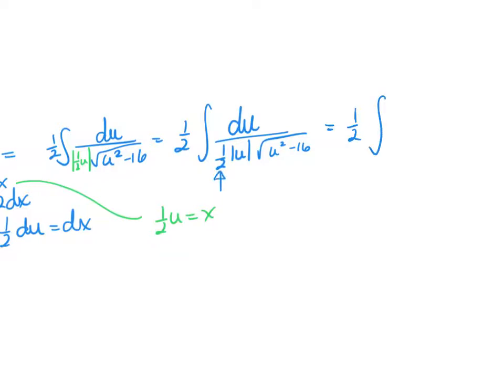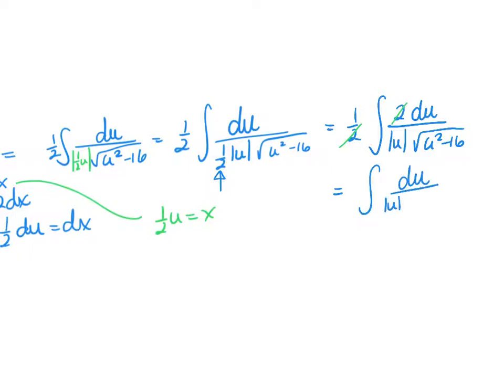This will come into the numerator because I have a fraction within a fraction, so I have 2 du over the absolute value of u, square root of u squared minus 16, which then gives me, those 2's will cancel, just the integral of du over the absolute value of u, the square root of u squared minus 16.